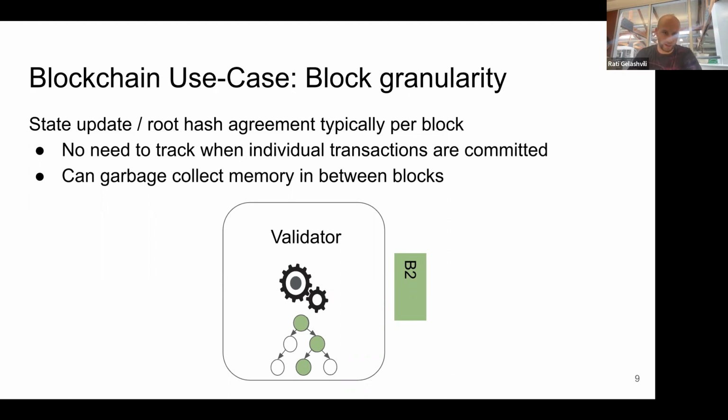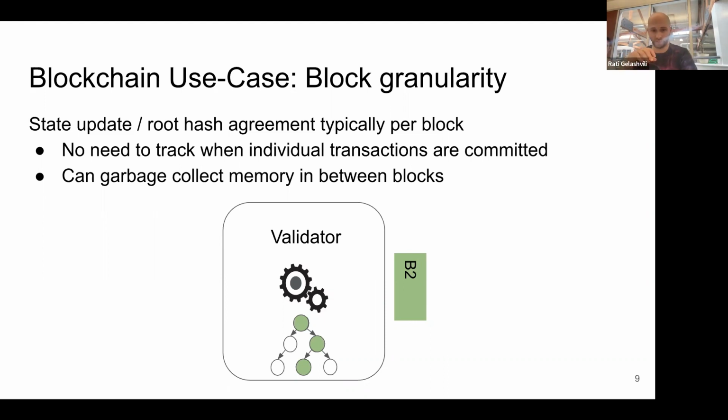For instance, the first one is that we have this block granularity: you execute a block, you execute another block, you execute another block. Typically the state updates, agreement on the root hashes, etc., all of this work happens at the granularity of a block.